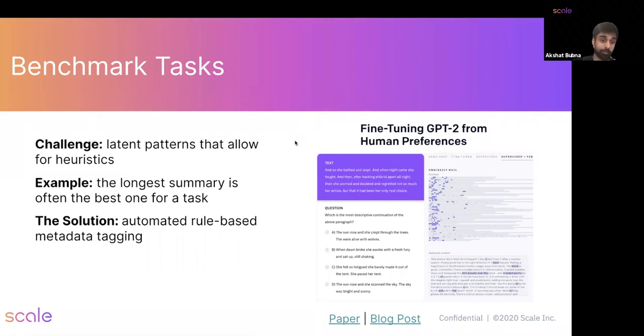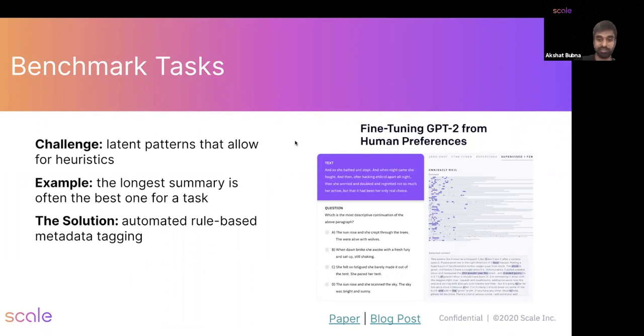So the way we got around that is we have a really robust benchmark task system that works based off of metadata that we attach to each benchmark. It can use that to serve them more efficiently, to know what categories of benchmarks people are good and bad at. And so we added the ability to tag them based on automatic rules.